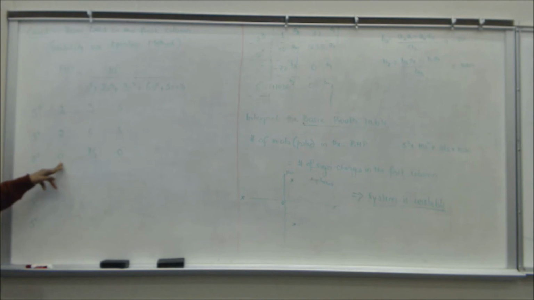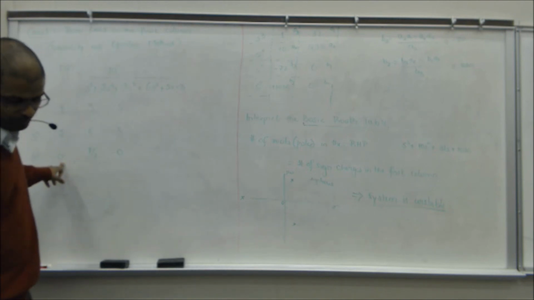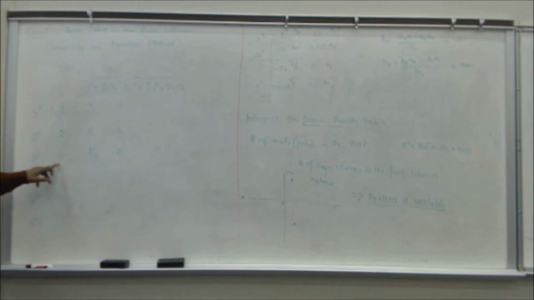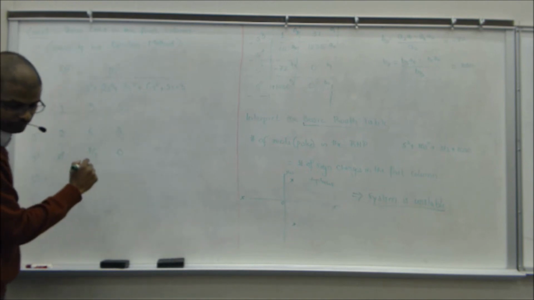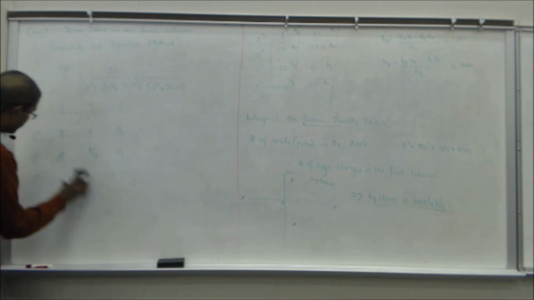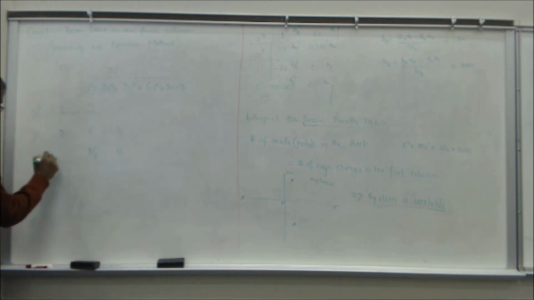So what you do in such a case is replace this by a very small number called epsilon, just to avoid dividing by 0.